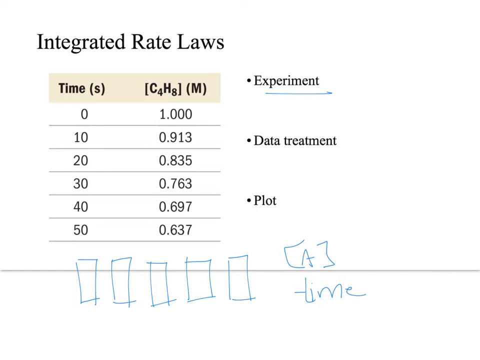The only way to determine order is to do the experiment. Then we're going to take this data, in this case C4H8, and treat it. That is, we're going to take the natural log of each data point for the first order plot, or we're going to take the reciprocal for the second order plot.